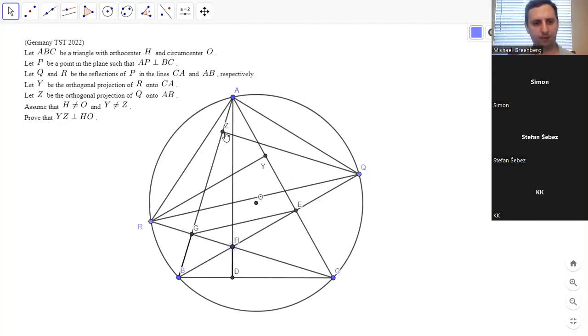Then ZR, YQ. But we can really bash this. It should be bashable, right?